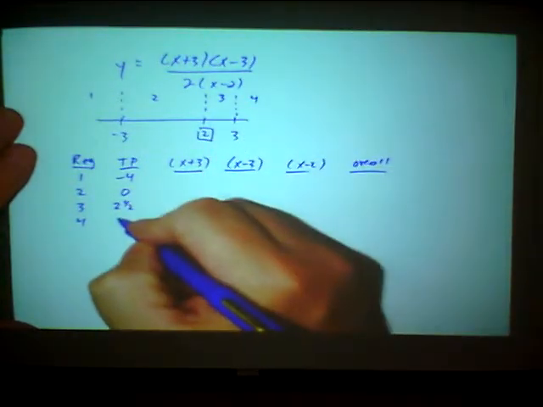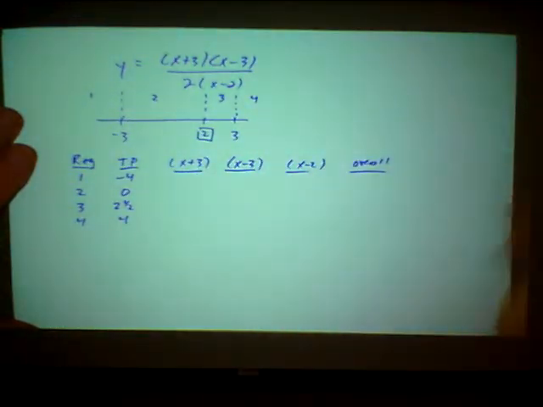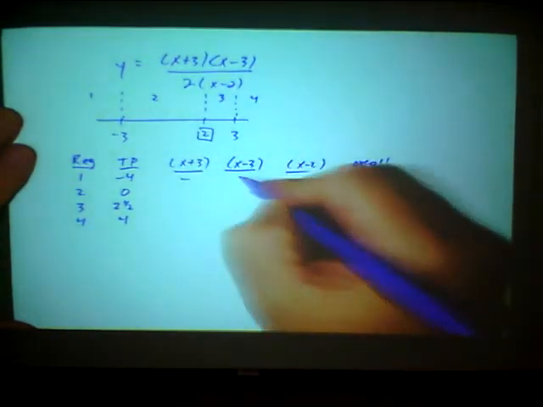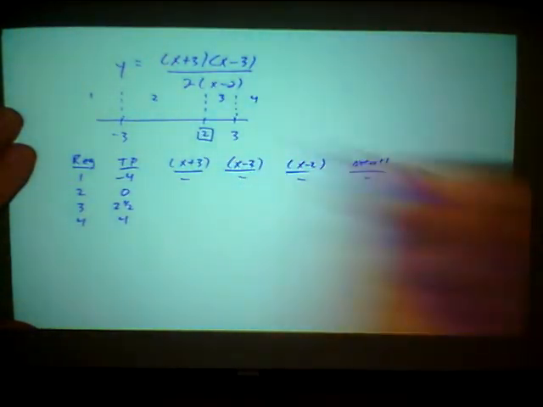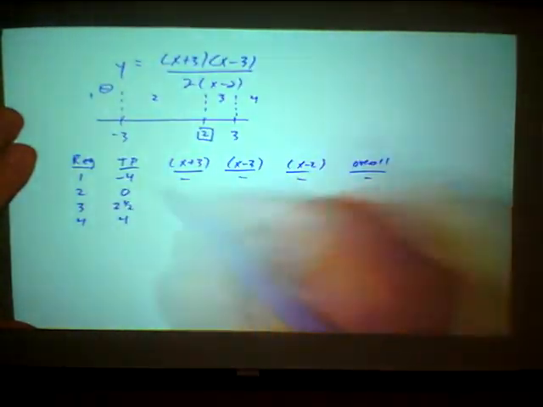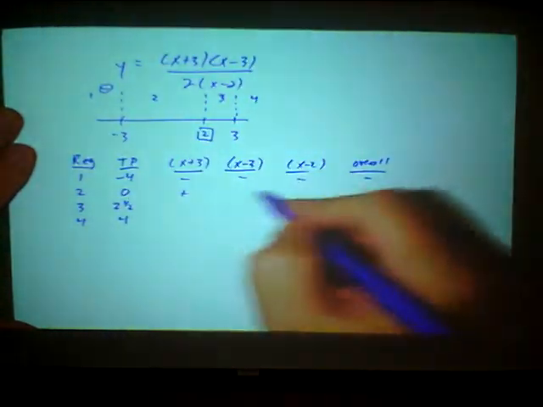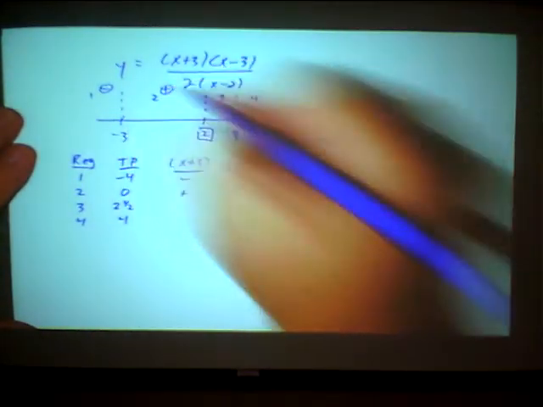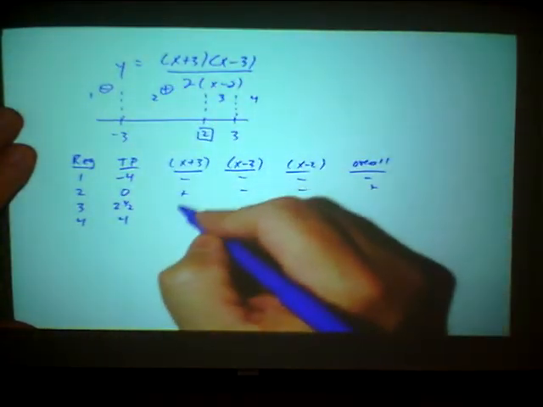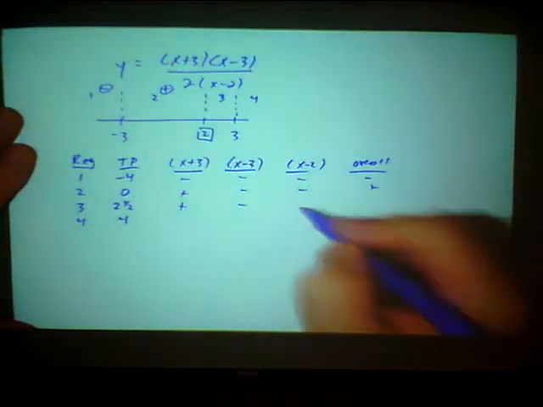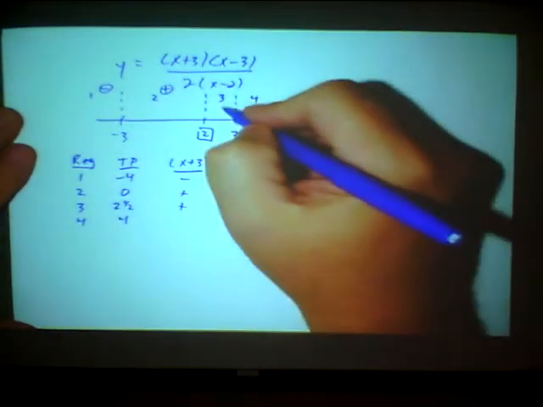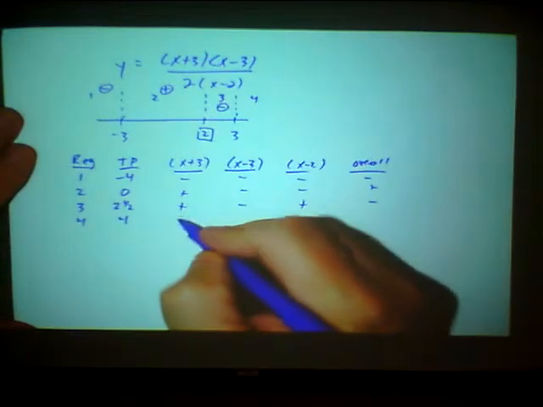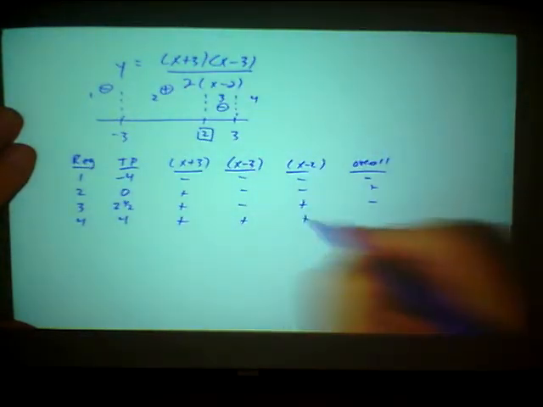And region 4, I'll choose 4. And now my sign chart, negative, negative, negative, overall negative. Region 1 is negative. Region 2, positive, negative, negative. Region 2 is positive. Region 3, positive, negative, positive. Looks like region 3 is negative, and region 4, positive, positive, positive, positive.